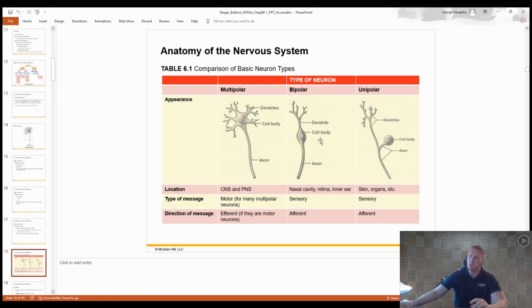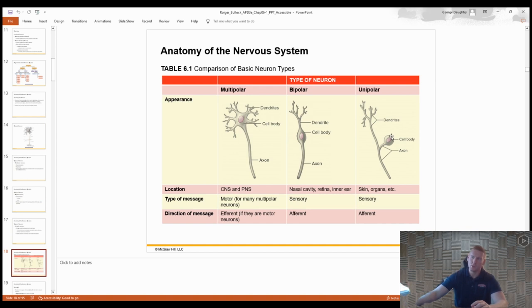If it's bipolar, then that means the cell body is a little bit ascended or descended rather from the dendrite. It's still considered a part of the dendrites, but it's a little bit displaced from it. And if it's unipolar, then that means the nucleus or the cell body is actually an extension of the axon, right?